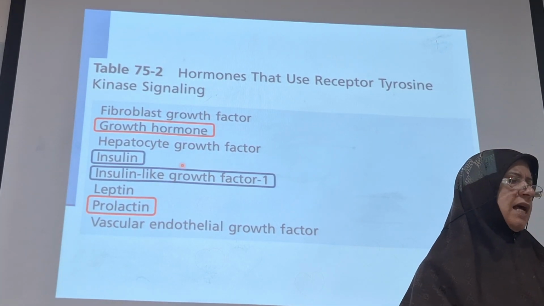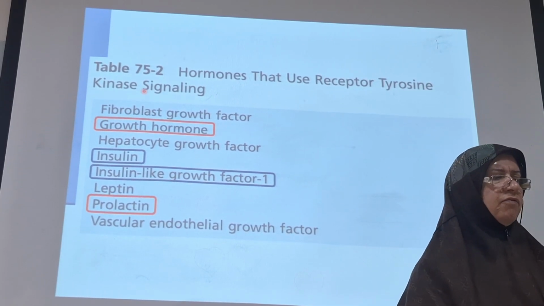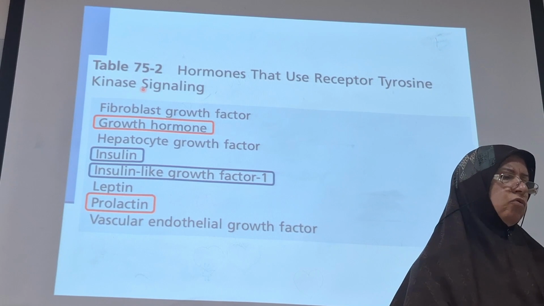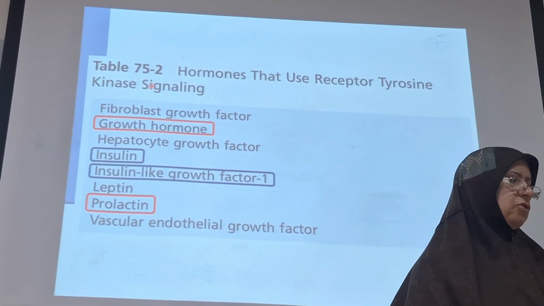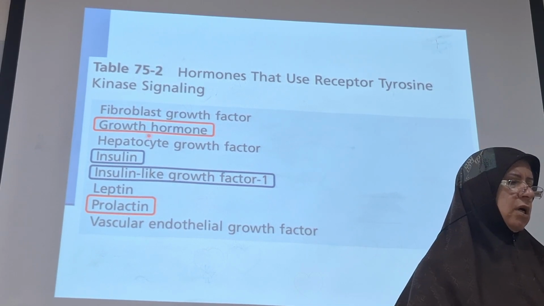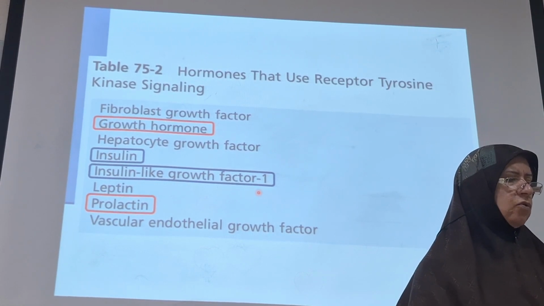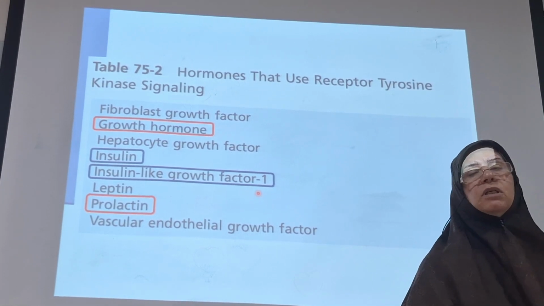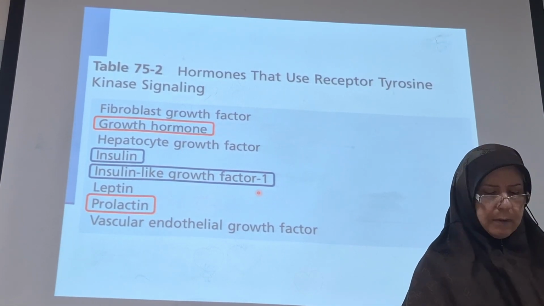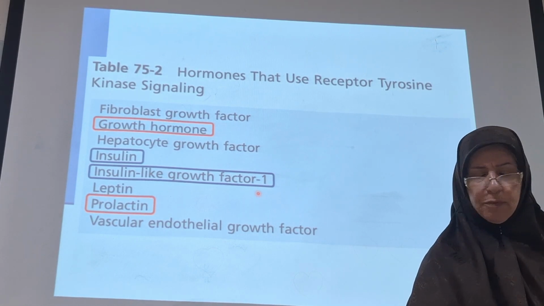Four hormones act via tyrosine kinase signaling. Two of them use tyrosine kinase receptors, two use tyrosine kinase associated receptors. Growth hormone and prolactin use cytokine receptors, or tyrosine kinase associated receptors. Insulin and insulin-like growth factor 1 act via tyrosine kinase receptors.